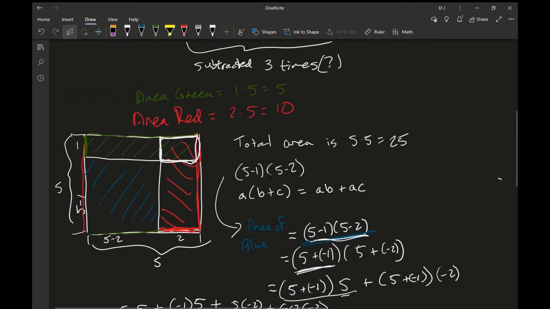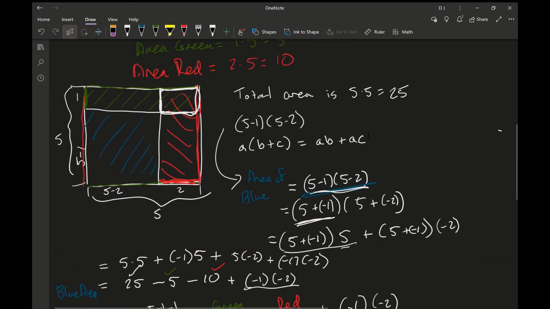So if you recall, we want this to be 4 times 3, and that was going to be 12. And that's what we want the blue area to be, because we know that 5 minus 1 is 4, 5 minus 2 is 3.